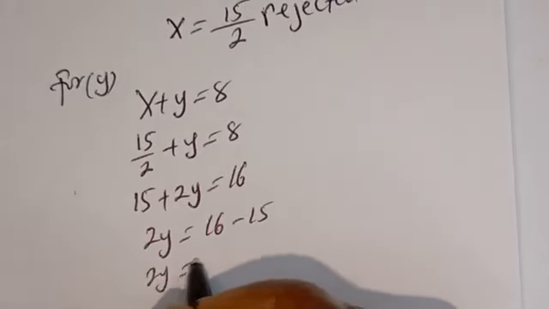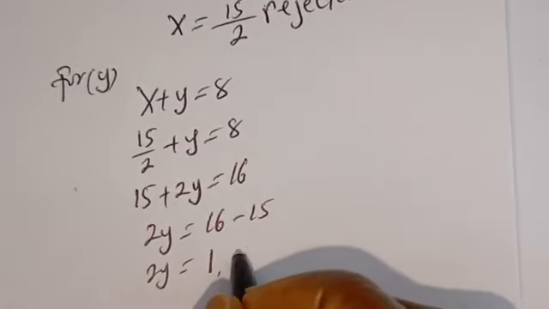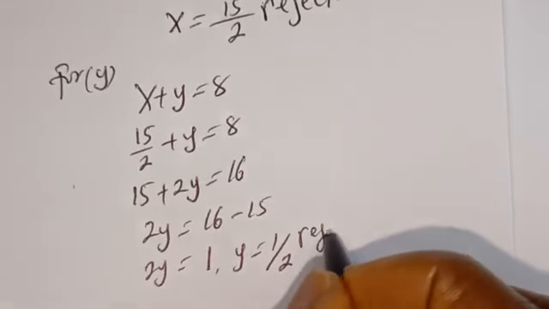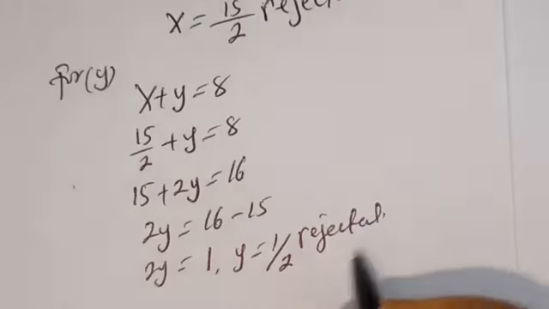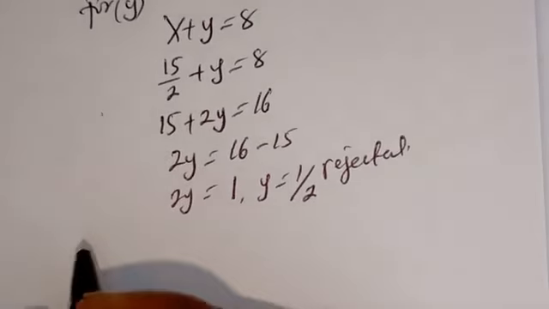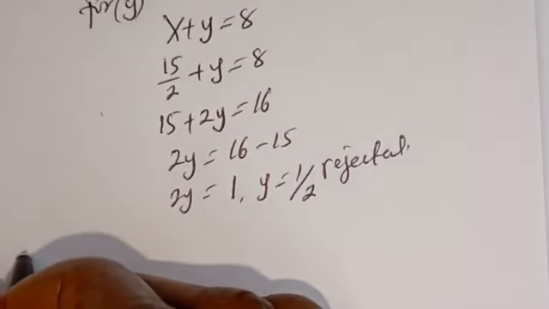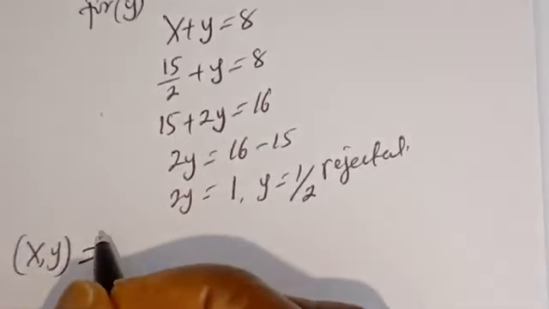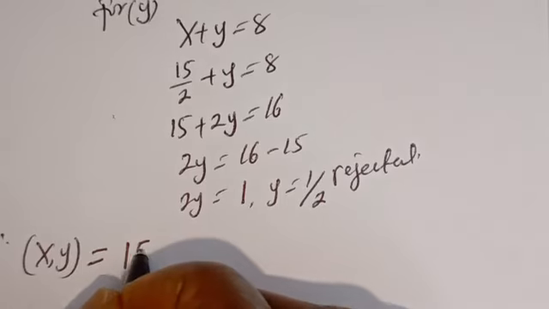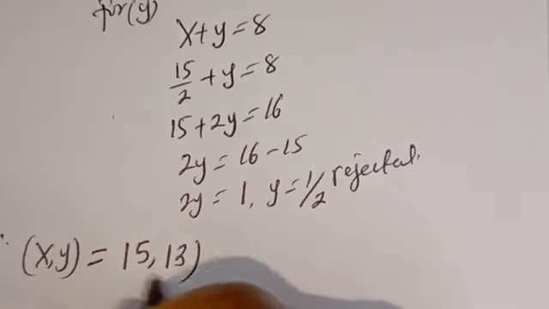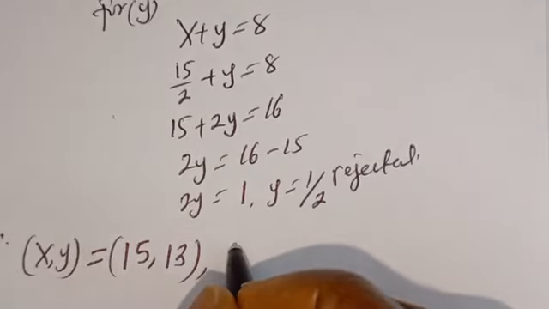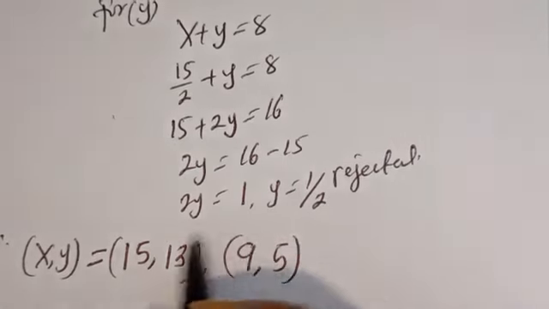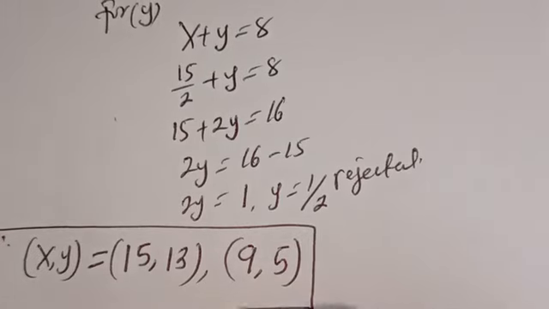Now 2y equal to 1. y is equal to 1 divided by 2. This is also rejected. Therefore, the final answers are x comma y is equal to 15 comma 13 and 9 comma 5. This is the final answer.